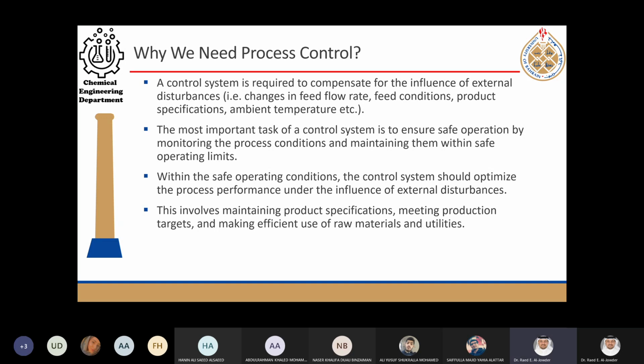So control will always allow you to optimize your plant, like maintain the optimum amount of usage of utilities, power and steam, of chemicals. You will just get the required amount of chemicals that will give you whatever you are desired.